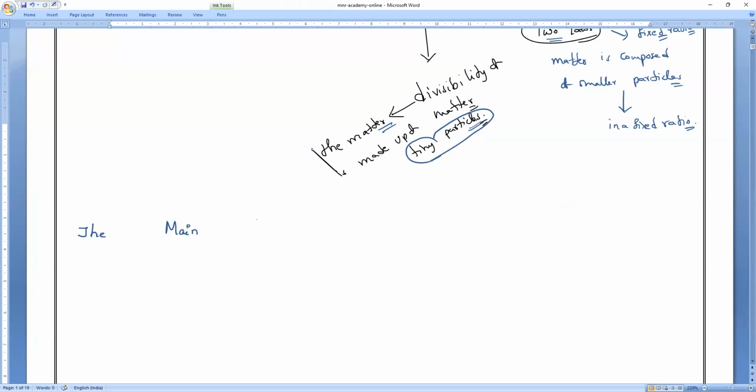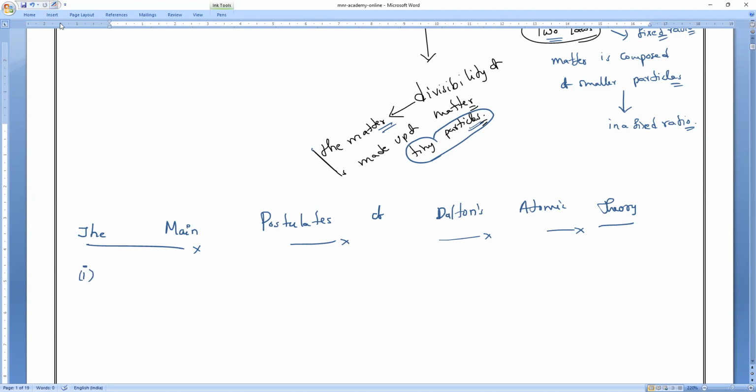So what are the main postulates, or the points, which Dalton suggested about atoms and matter? The first point: with the observation of many experiments, like verifications of the law of conservation of mass and the law of constant proportion, the first conclusion made by Dalton about matter is that the atom is the smallest particle of any substance.